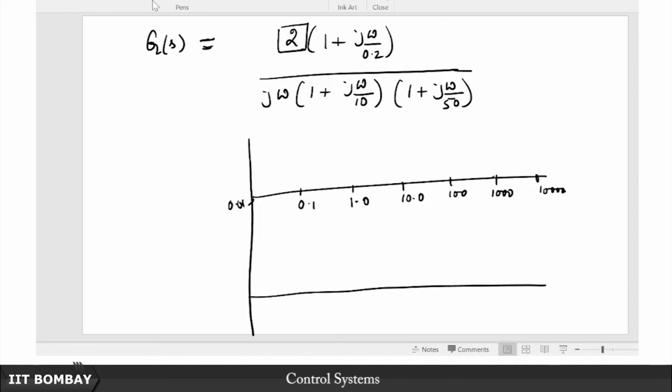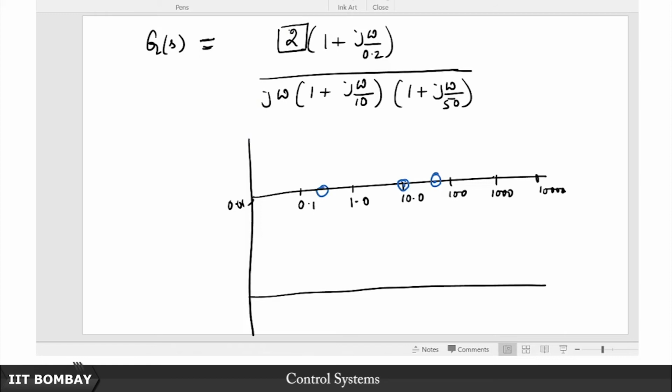So let us just mark out, first thing we do is we mark out the corner frequencies, the break frequencies. So here's 0.2, here's 10, 0.2 is somewhere here, 10 is somewhere here, 50 would be somewhere here. Of course, the integrator does not have any break frequency of its own.